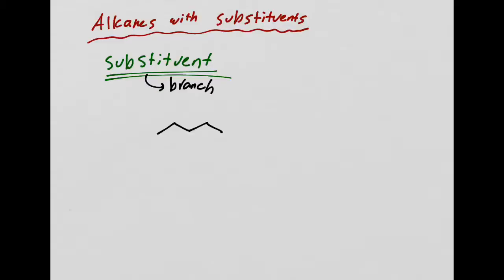Now, sometimes when you have a hydrocarbon chain, you can have branches coming out of it. So I would say this is the backbone. And then these are the branches that come out of it. Just think about a tree: the tree has a trunk, and then you have branches coming out of it.